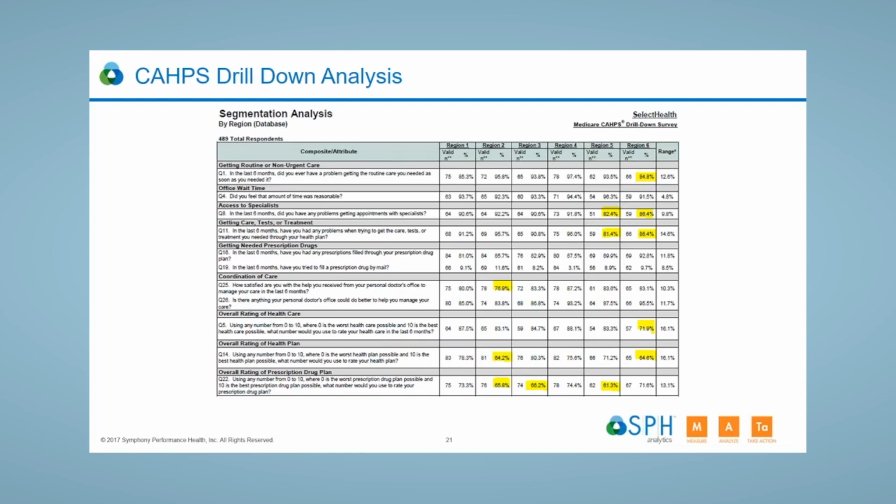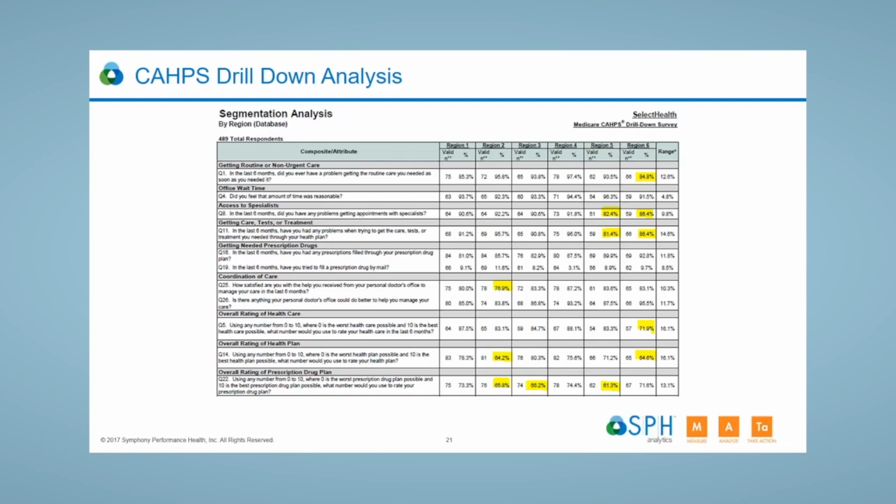So this just starts some examples, and I hope you can see some of this on the slide. It's not critical that you see it, because this is an example of the segmentation analysis. For these various questions that related to problems that we found on our surveys, and this is Medicare specific, we then looked and said, okay, what regions are having the biggest problems with these particular areas?